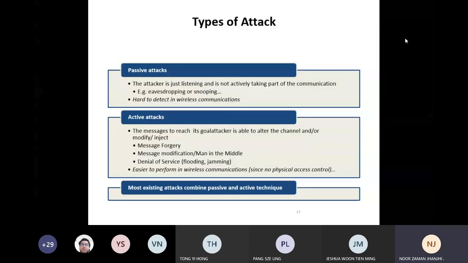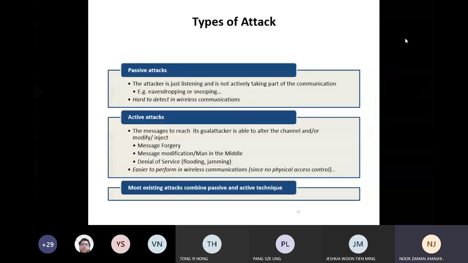So now you understand that if any attack is bringing a change in our network, then bringing a loss, it comes under the classification of active attack.